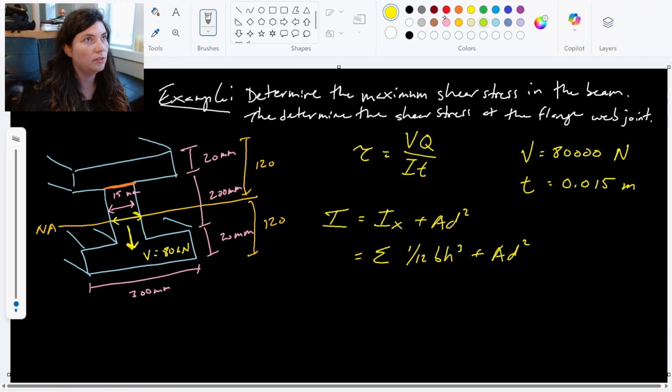So for my moment of inertia, I have this top area, that's this 20 times 300 millimeters. That's the area that I'm looking at. And it's the same on the top and the bottom, and they're the same distance away from my neutral axis, my centroid.